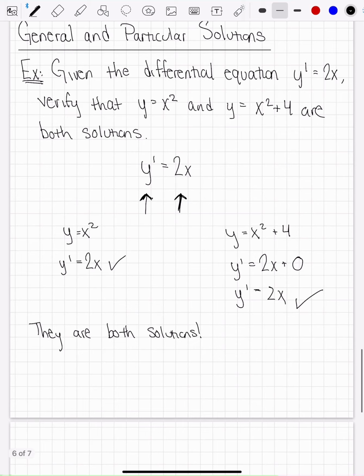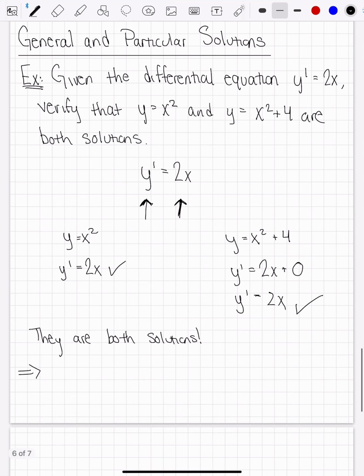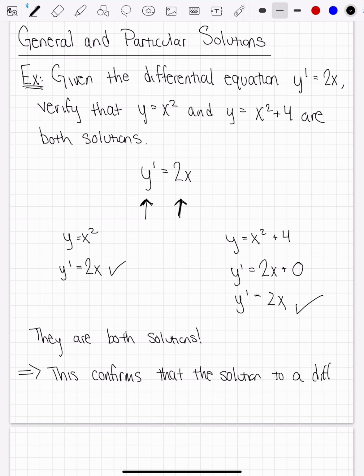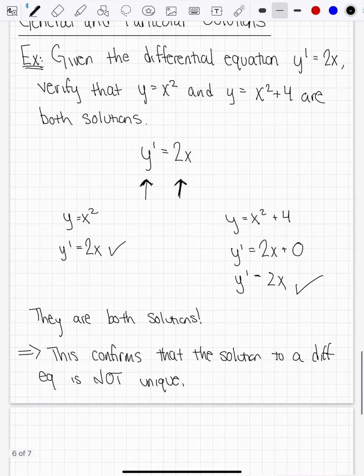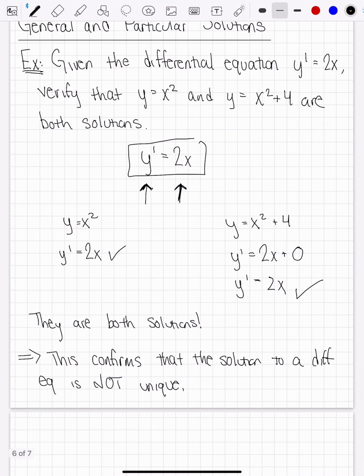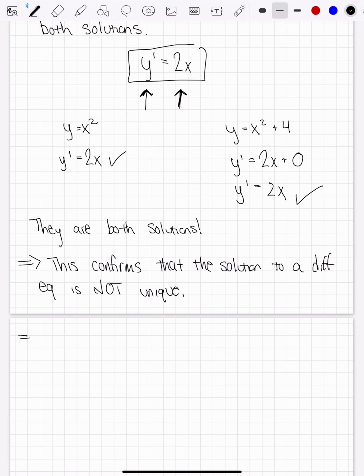So this confirms that the solution to a differential equation is not unique. And in fact, we could find an infinite amount of solutions to this differential equation.